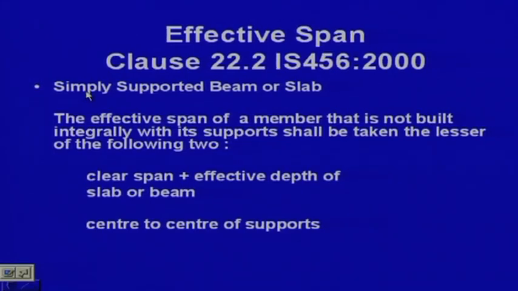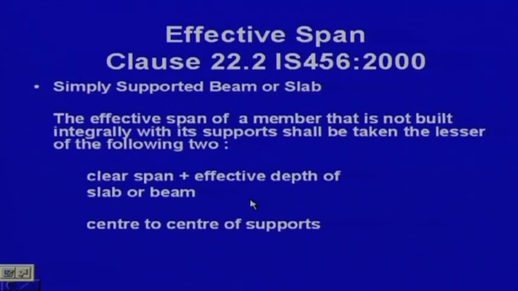So, if it is a simply supported beam or slab, the effective span of a member that is not built integrally with its supports, that means no moment is developed in the support, shall be taken as the lesser of the following two. That means we have two, and whichever is lesser, we have to take.